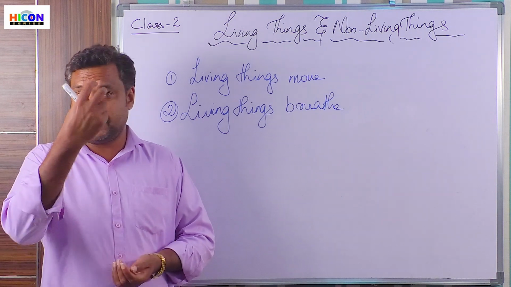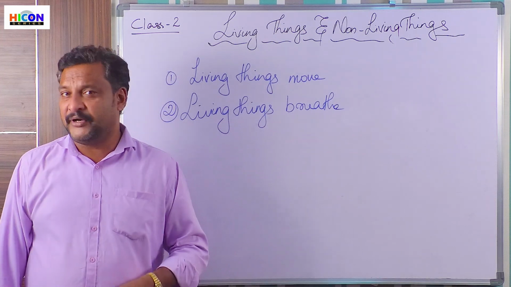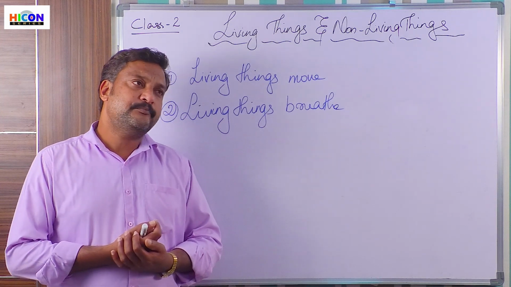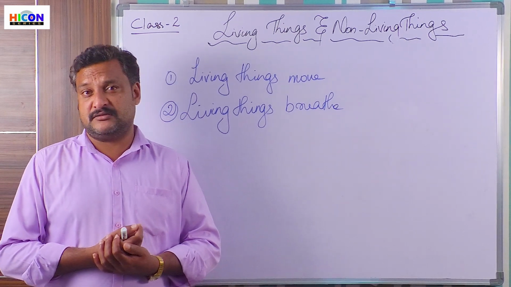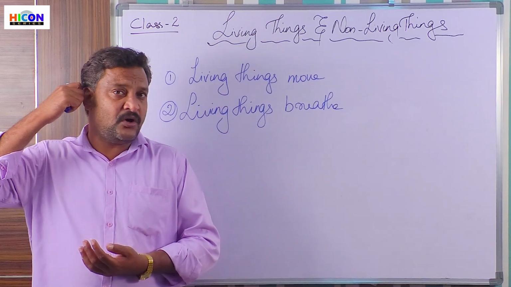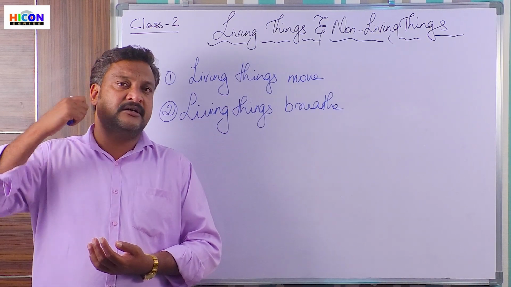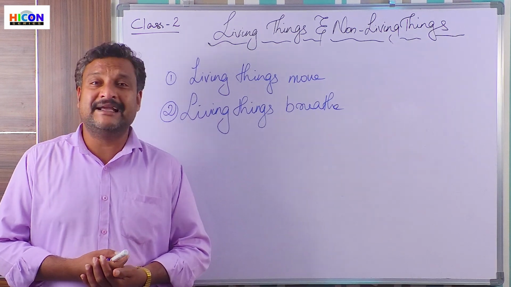Elephants have long trunks, isn't it? Through which they breathe. Now, fish, water animals like a fish, have a special organ by the side which is called gills. What is it called? Gills.